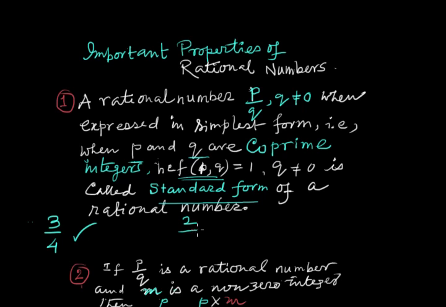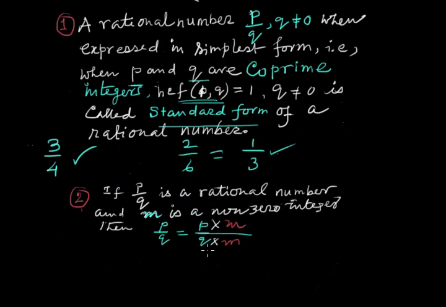But if it is 2 by 6, this is not a standard form because here 2 is a common factor. If you simplify, then you write 1 by 3, and it is a standard form of a rational number. Property 2: if p by q is a rational number and m is a non-zero integer, then p by q can be written as p into m by q into m.